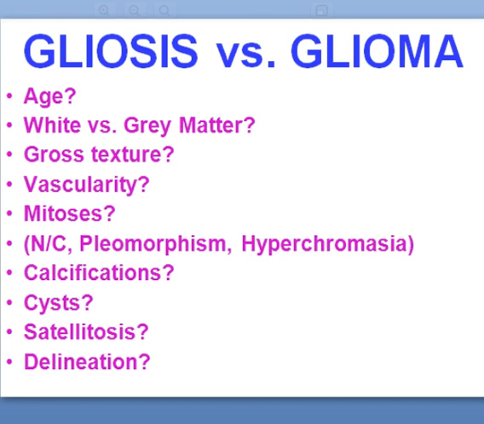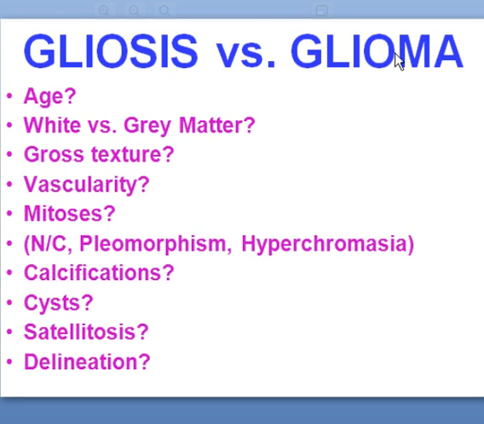So sometimes it's very, very difficult from either the clinical or gross or pathologic point of view, or even the radiologic point of view, to tell whether something is increased glial cells just on the basis of nonspecific injury, or a proliferation of glial cells due to tumor. So once again, what are the features in differentiating gliosis, which is a nonspecific finding in any injury, versus a bona fide tumor or a glioma?